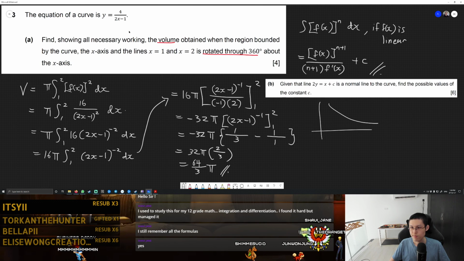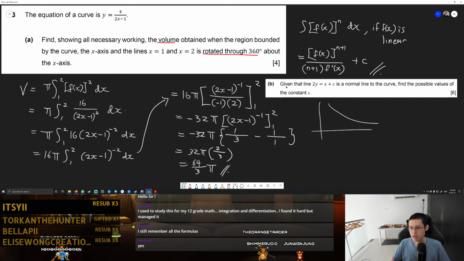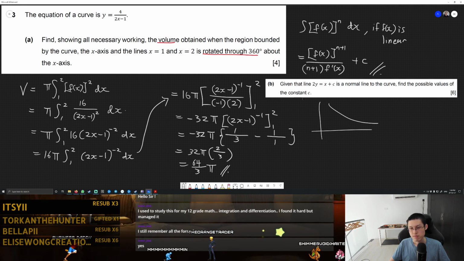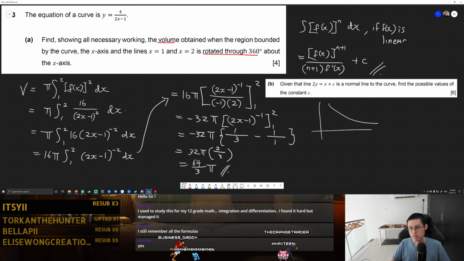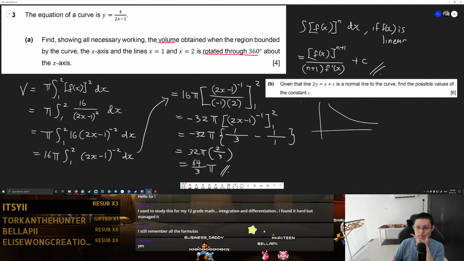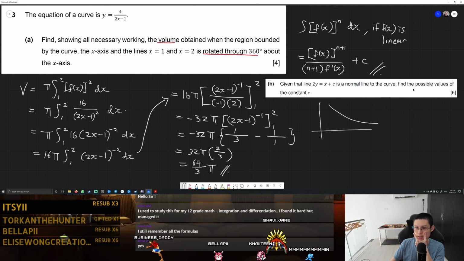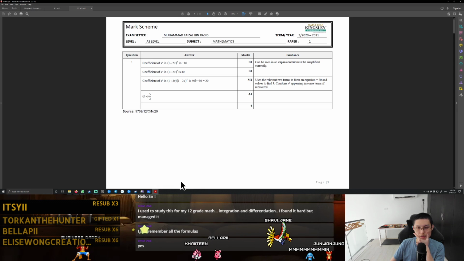Let me think. Seems like it's missing something. Shouldn't it tell you that it's a normal line to the curve at a given point? That's kind of strange.